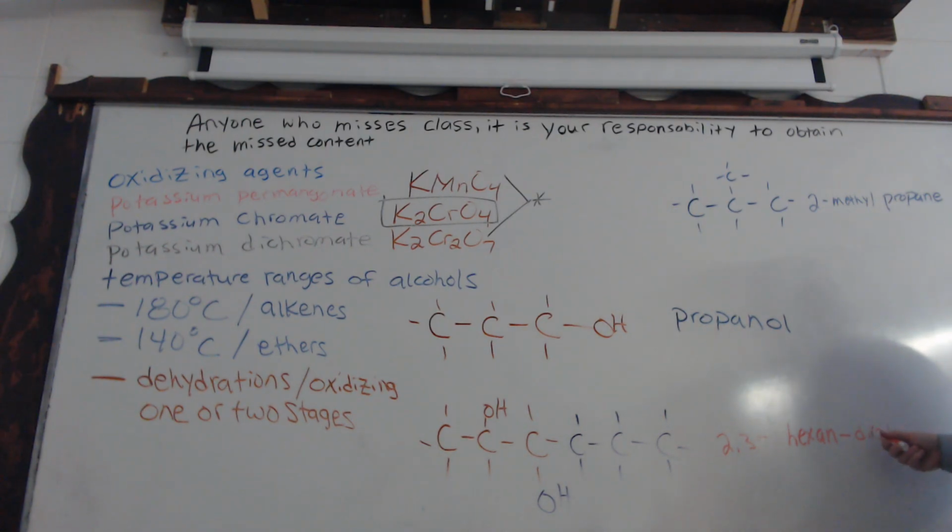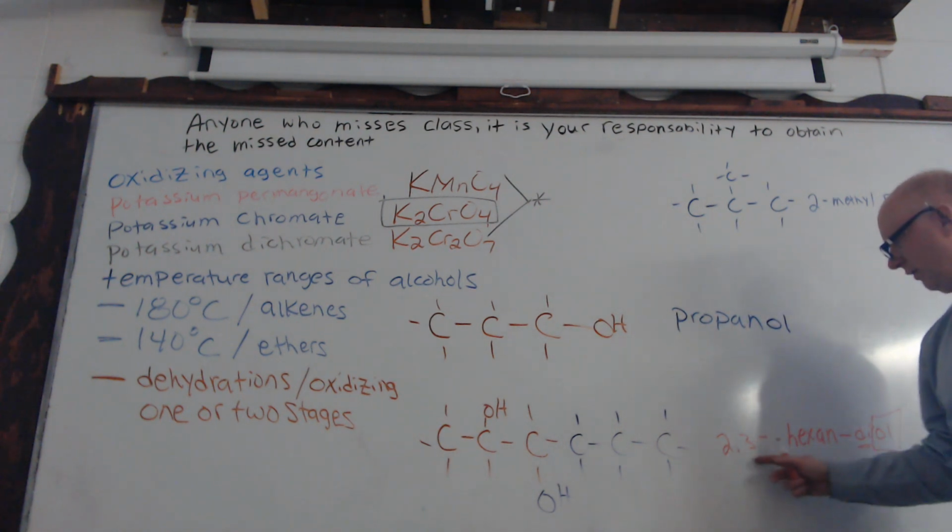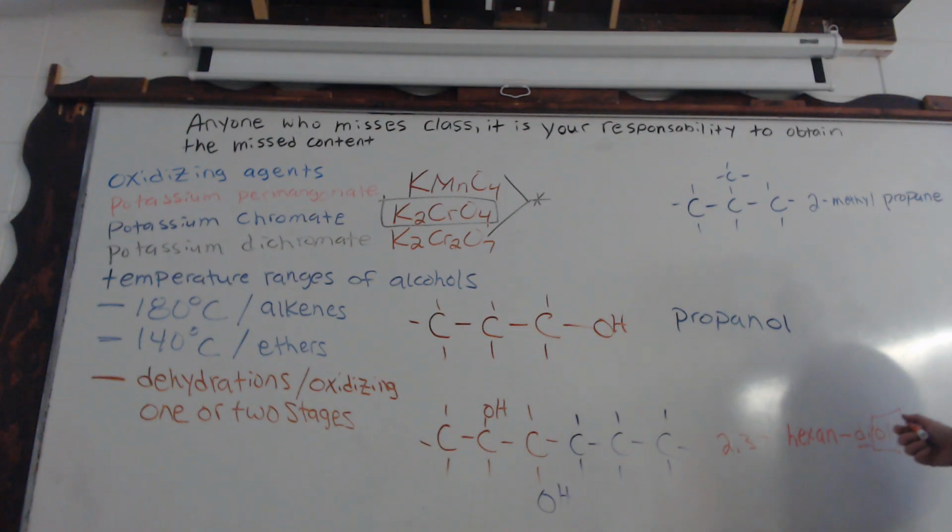OL means alcohol. We know that. Di, there must be 2 OH groups located somewhere. Here it's saying we've got 6 carbons in our parent chain, and then this is just telling you where they're at. So it's just a little bit different than naming these alkanes. That makes these just a little more tricky.